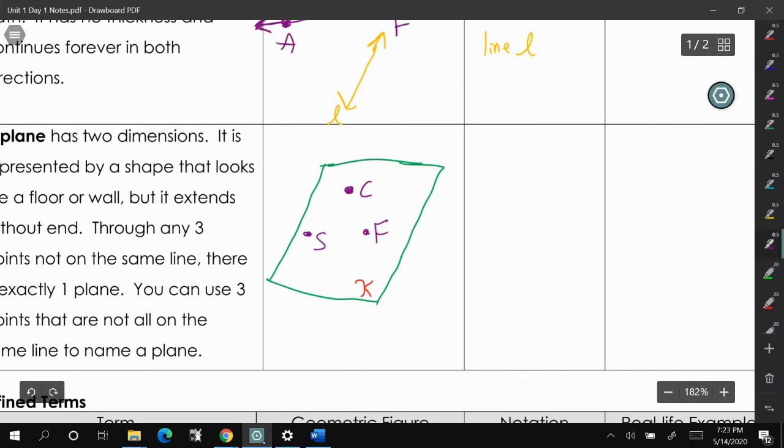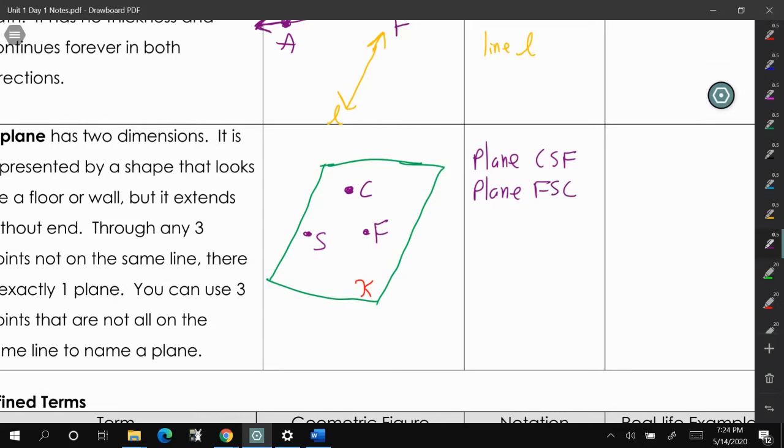The way we would write this, we would write out the words plane CSF or plane FSC. The order doesn't matter, so I'm not going to write down all the other ones. It's just these 3 points are in this green plane, so we just use any 3 of those. And notice that these 3 points are not on the same line. You can't draw a line that connects all 3 of these points.